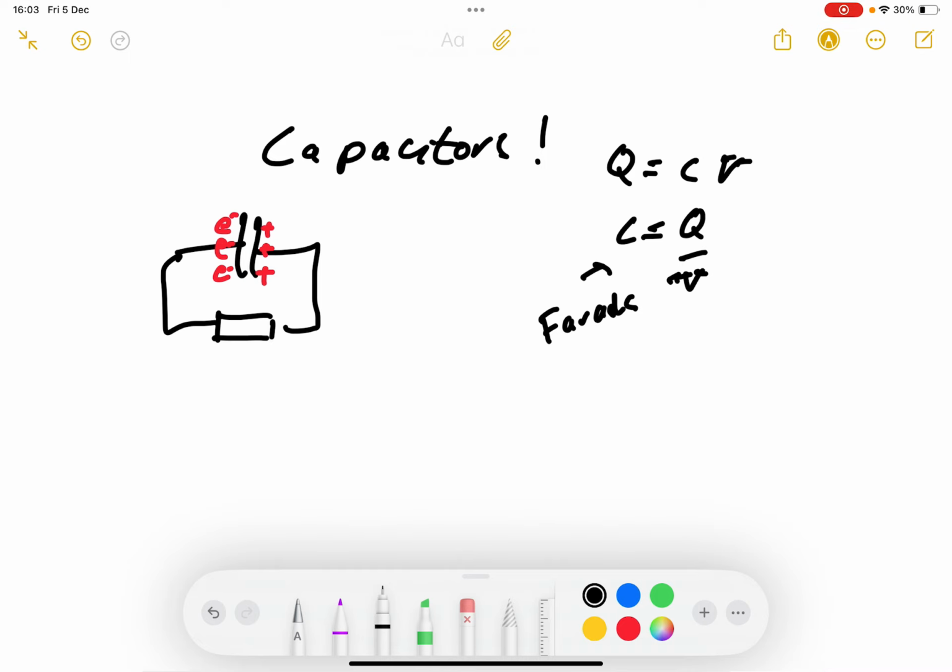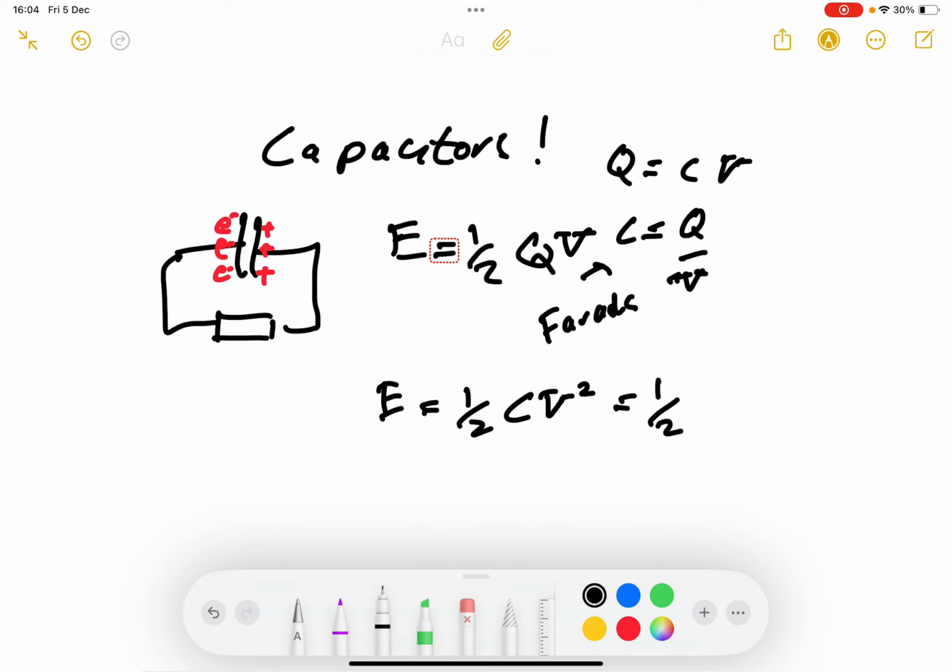And then on top of that, we've got the energy stored in a capacitor, which is a half QV, but it's also a half CV squared, which is a half Q squared over C. And that all comes from this little graph.